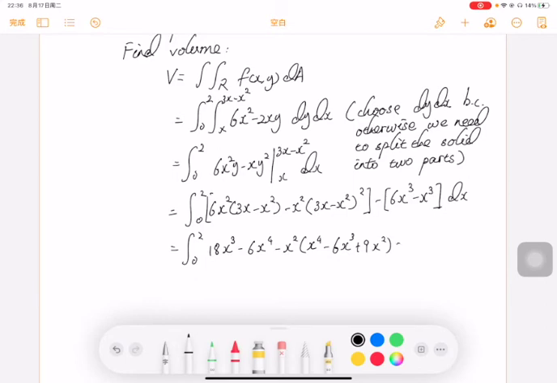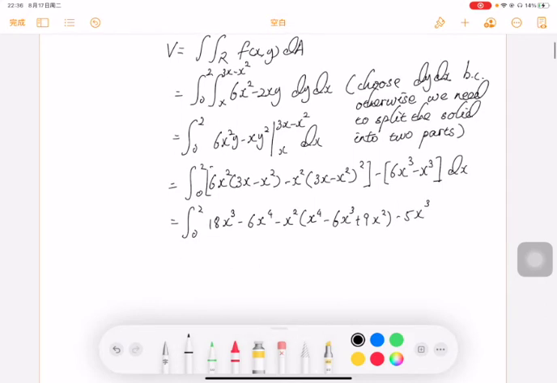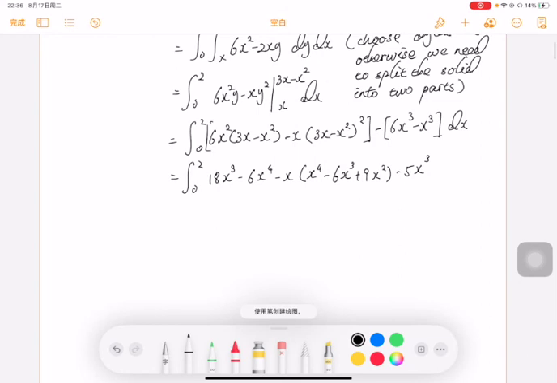And then minus 6x cubed, minus 5x cubed. Oops, I made a mistake here. So this is not x squared, this is x, and that's x.